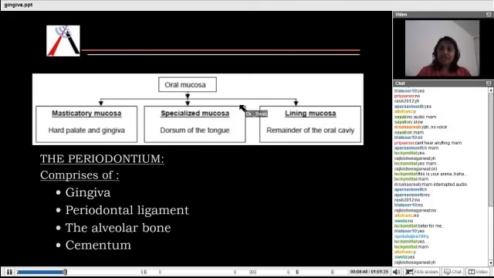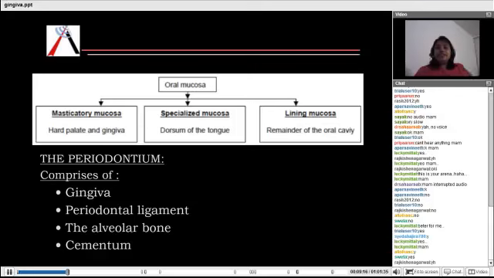Masticatory is the hard palate and gingiva, wherein we have the lining of keratinized epithelium, which is very much adapted to bear the stress. Specialized has some specialized function, like we have in the tongue, a special function of taste. Then we have the lining mucosa, which is all the rest of the cavity, wherein we do have the epithelium, but it's usually non-keratinized and not so adapted to stress. Right, so you all know these things, nothing great in that.